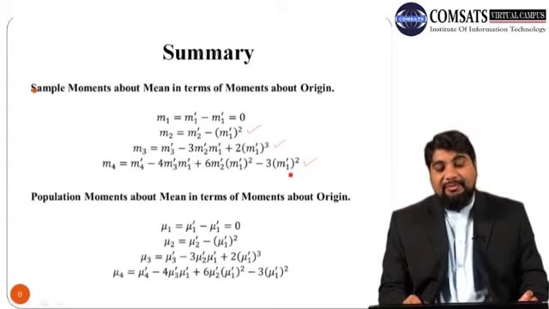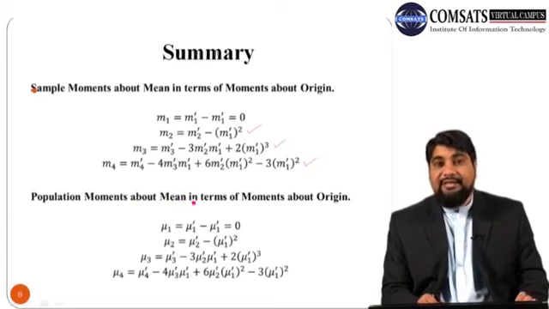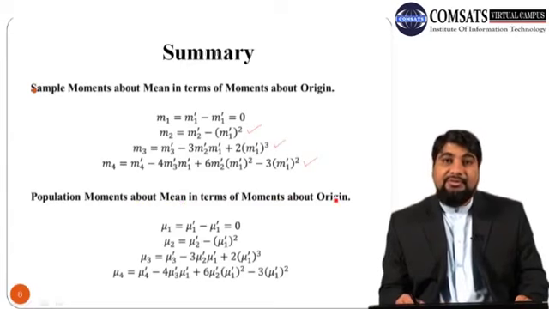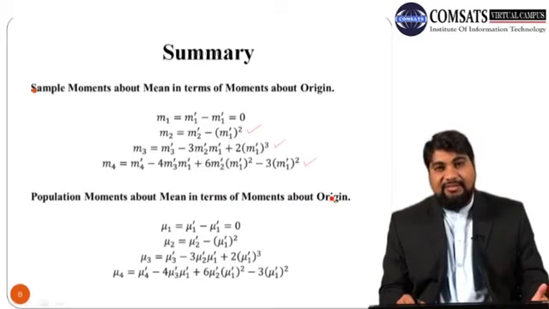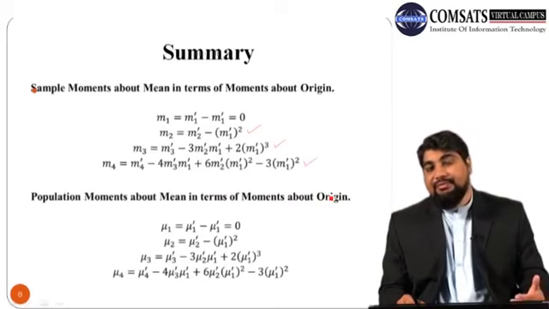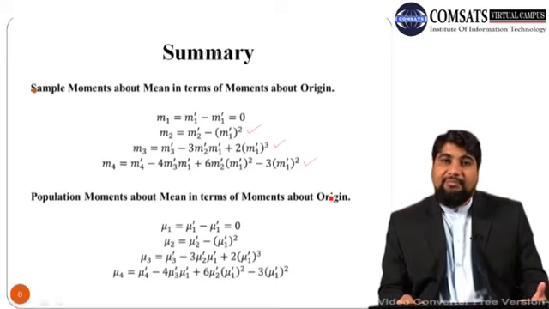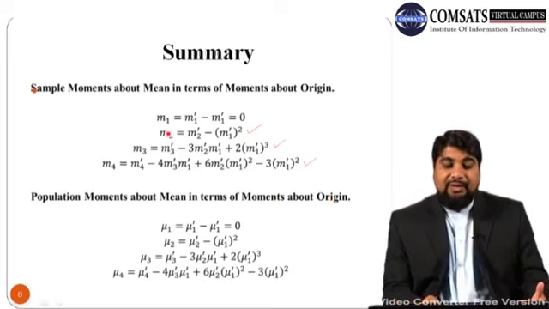Similarly, we can calculate population moments about mean in terms of moments about origin. In case of population moments, the relations are the same, so we just replace the sample moments with the population moments.